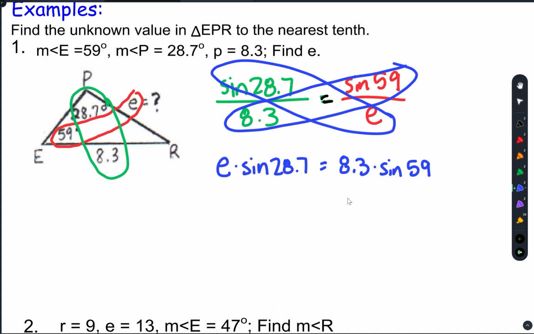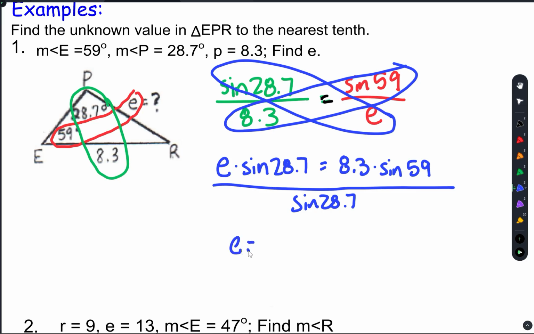Now our goal is to solve for E, so I need to get E by itself before I do anything else. You see how it's E times sine 28.7? That means I need to divide by sine 28.7. If I am not solving for an angle, I don't want to see any inverses in your work. I'm solving for a side length.